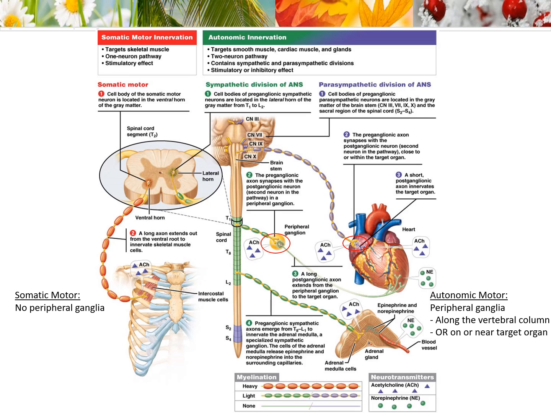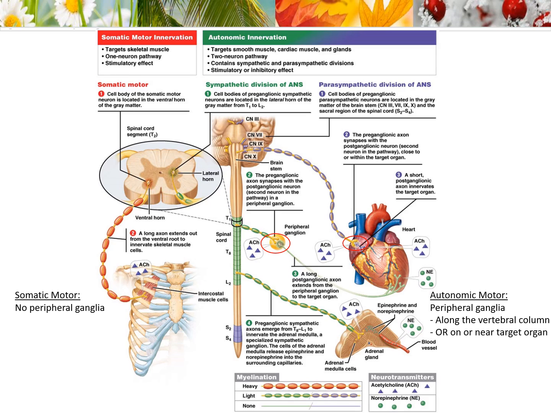And then we're going to synapse on a ganglia. So we have peripheral ganglia, and either they're going to be near the vertebral column in the sympathetic nervous system we'll talk about, or they're going to be near or on a target organ, such as in the parasympathetic nervous system.